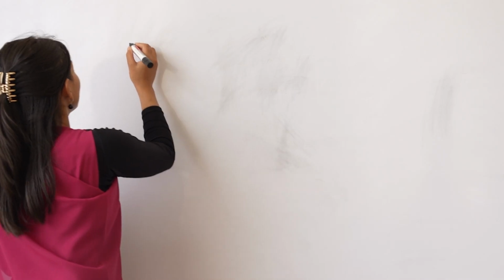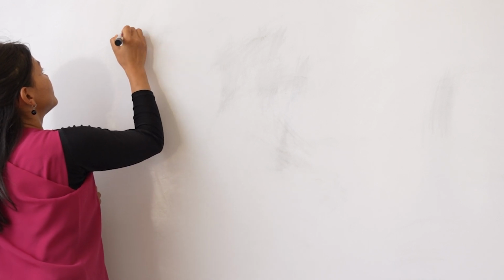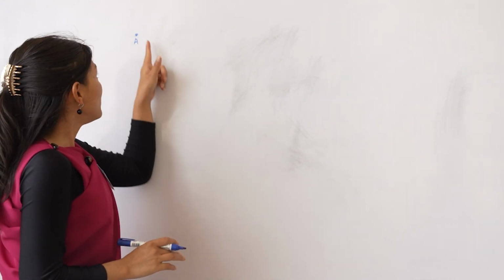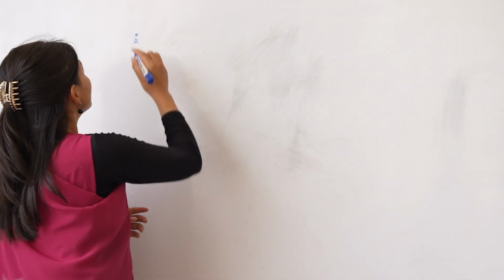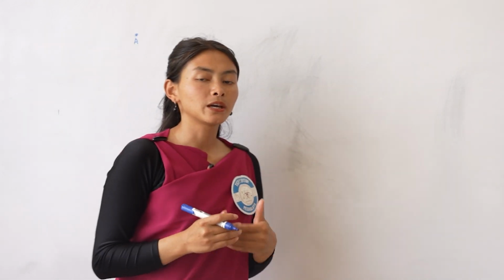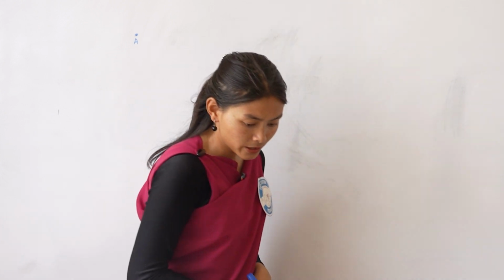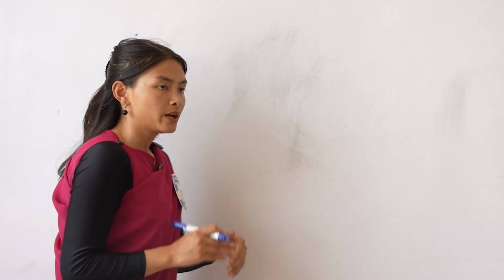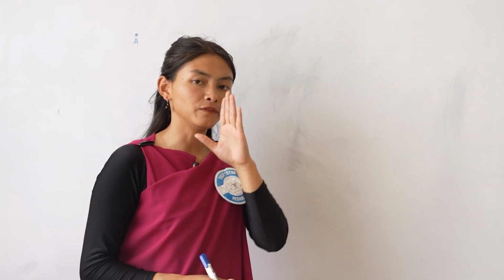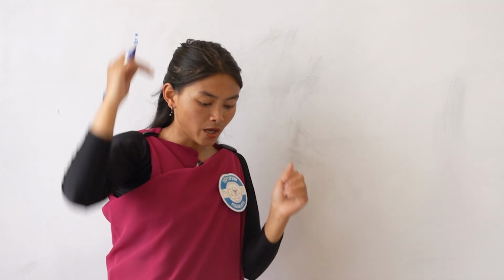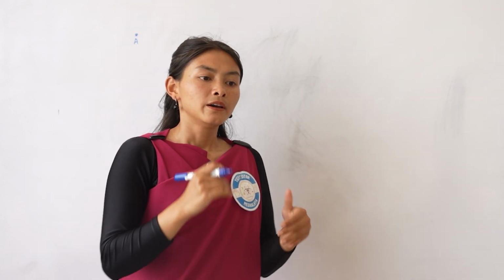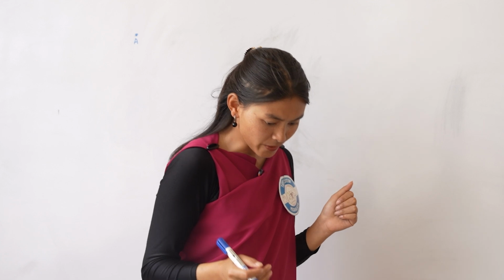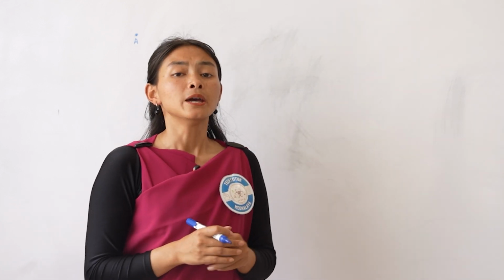Okay, so let's assume this point, new point, let's name this as point A. Now from a point on the ground, the angle of elevation of the bottom and the top of a transmission tower fixed at the top of a 20 high building.